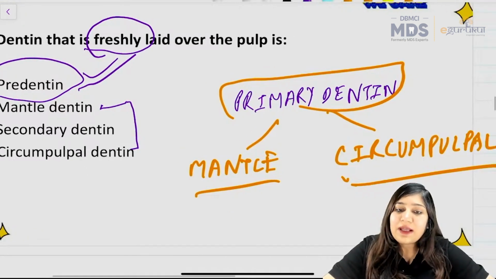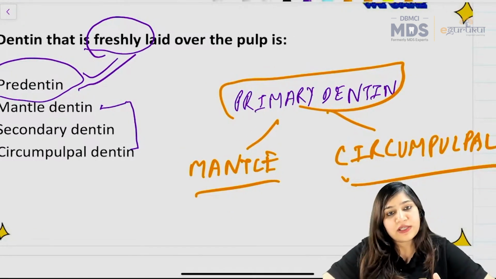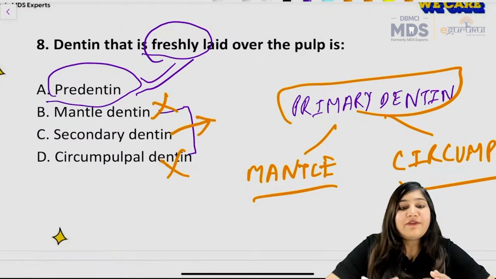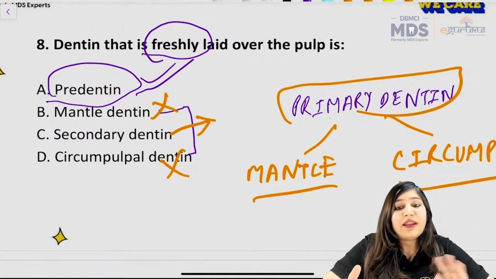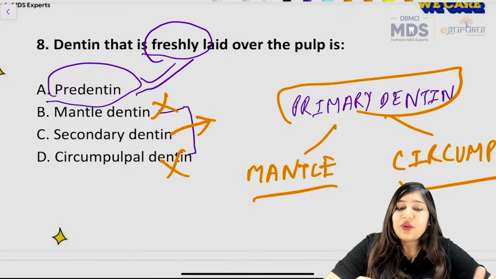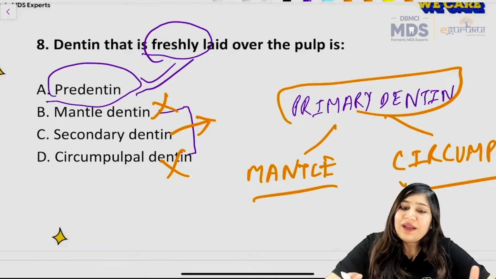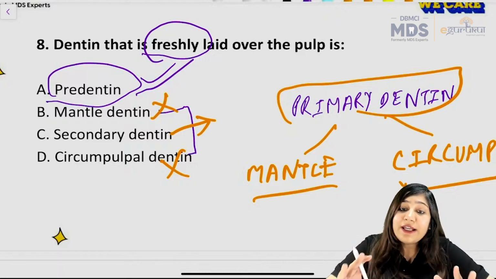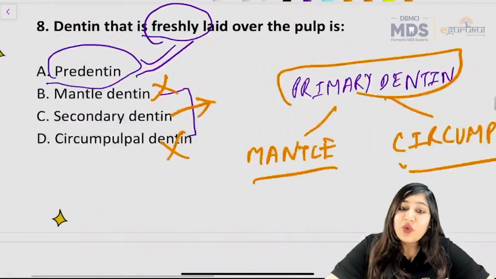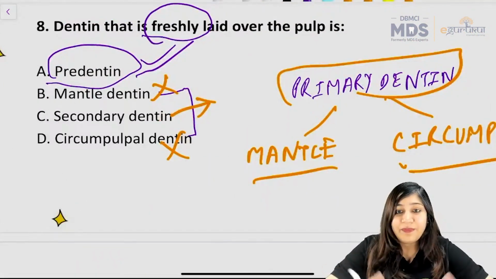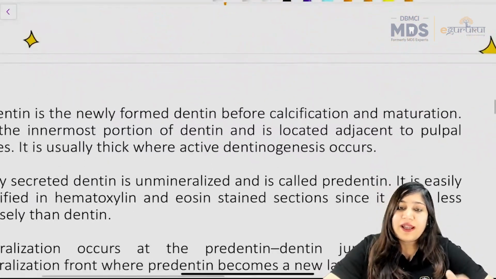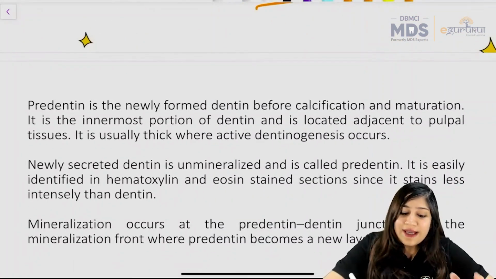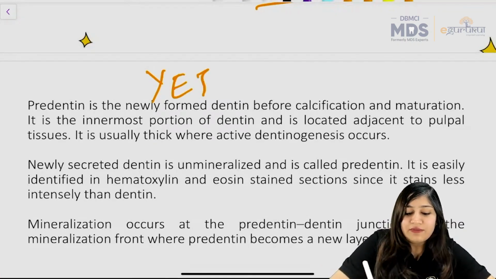Then comes our circumpulpal dentine, which is formed before root formation. Then secondary dentine. Secondary dentine is basically formed after root formation. It has less regular and fewer tubules as compared to our primary dentine. But here it is freshly laid dentine over pulp. So it is only predentine, before actual dentine formation. So it is yet to be mineralized dentine.